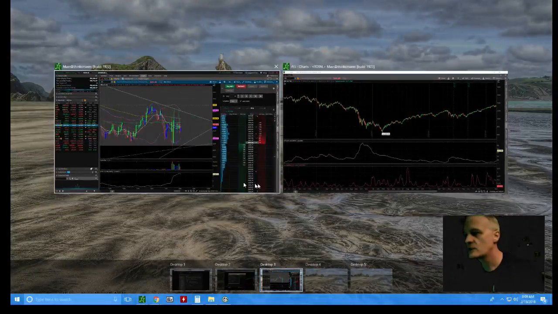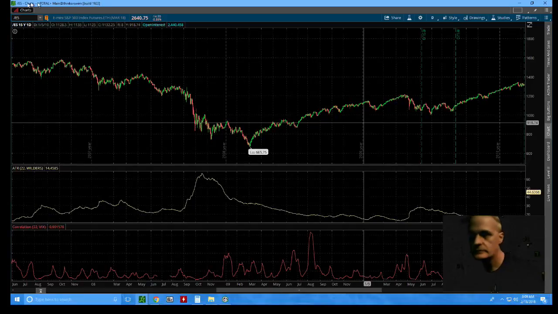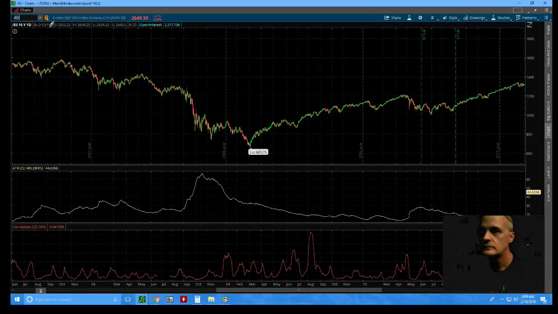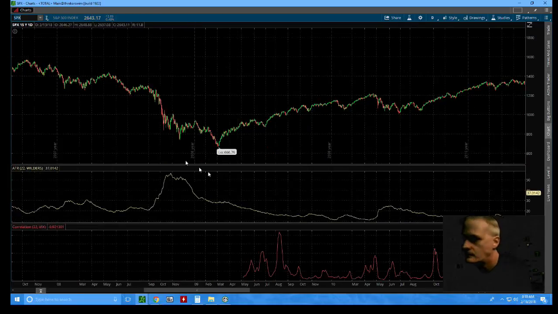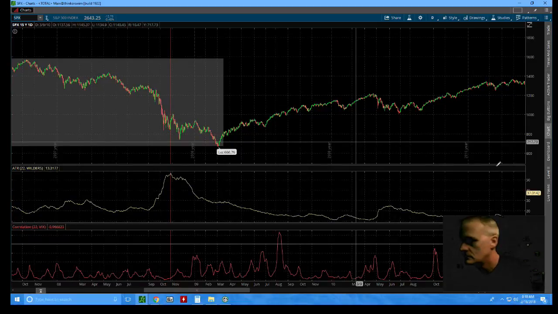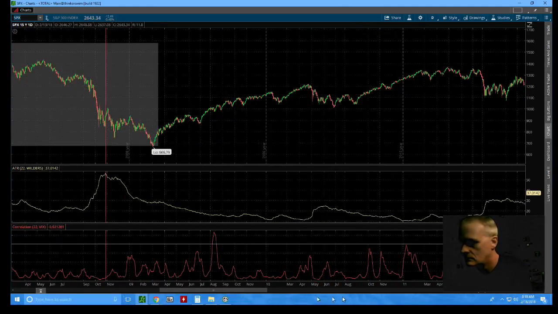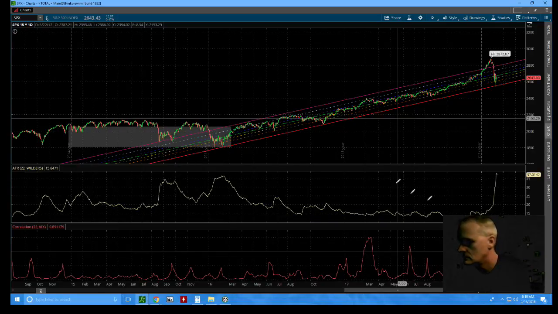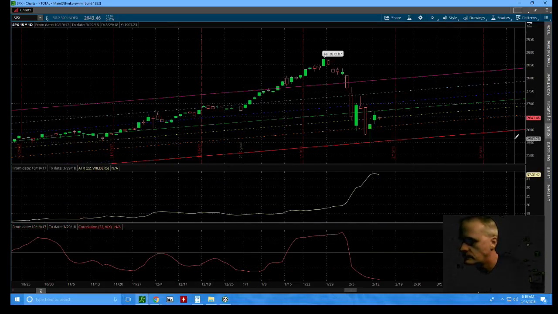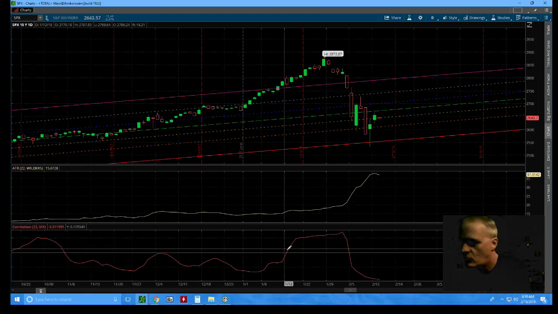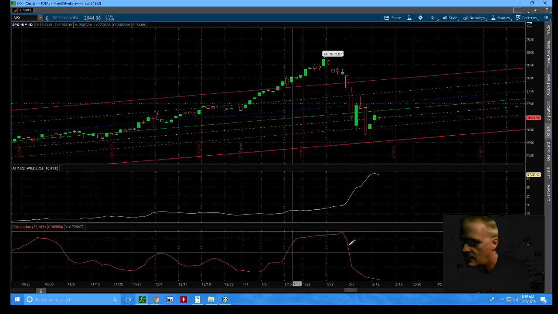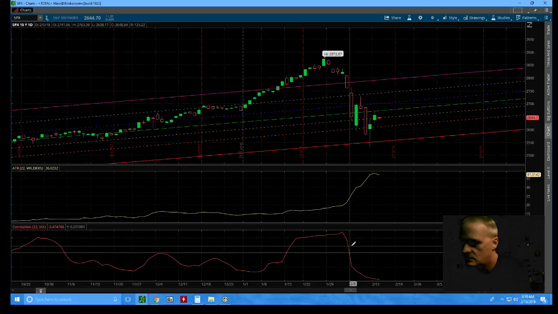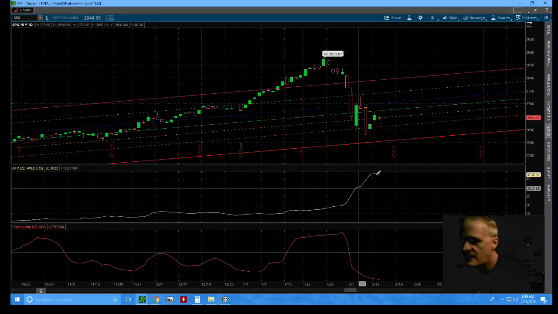where correlation crossed above 0. Right here, correlation crossed above 0, and even after it crossed below 0, it was followed by an increase in average true range.